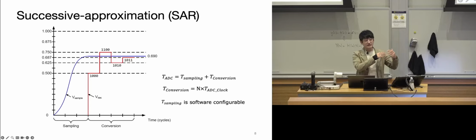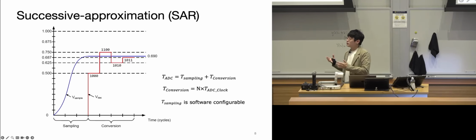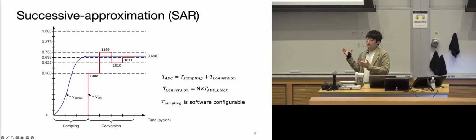It could take a longer time for the capacitor in the sample and hold circuit to charge up to a point where it's very close to the actual value. That's why it gives you this configurable method to set how many cycles you want for each sampling.